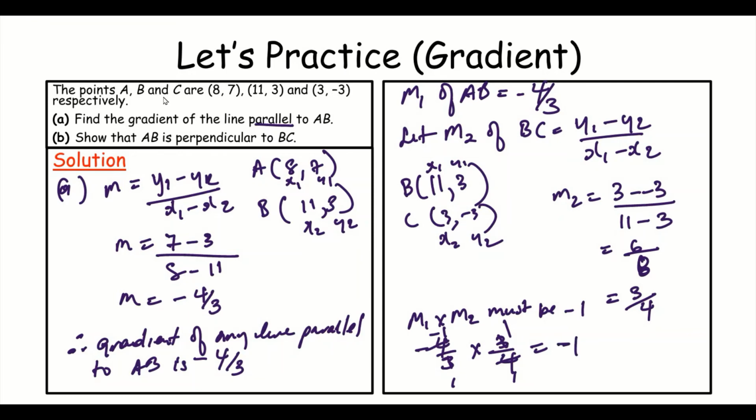So once the product gives us negative 1, we can say therefore they are perpendicular. So the product of AB times BC is negative 1. And it's the product of the gradients, not just product, the product of the gradients.